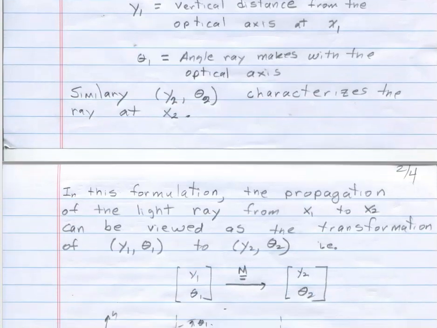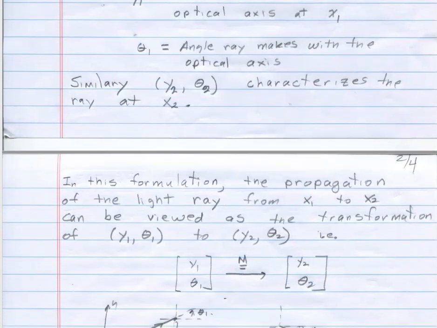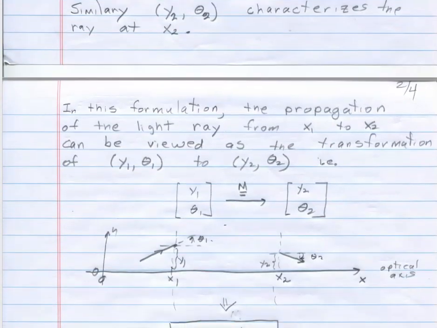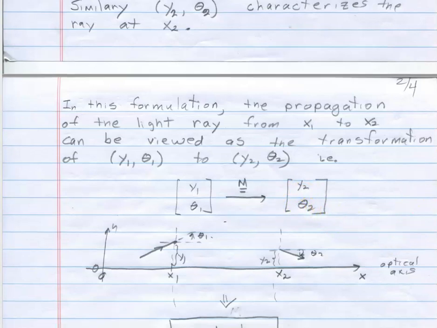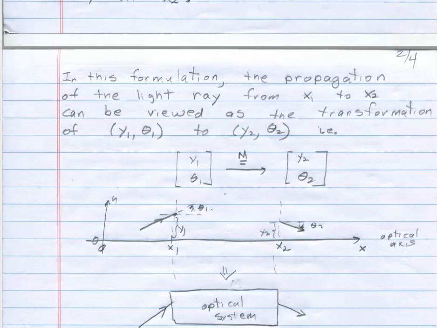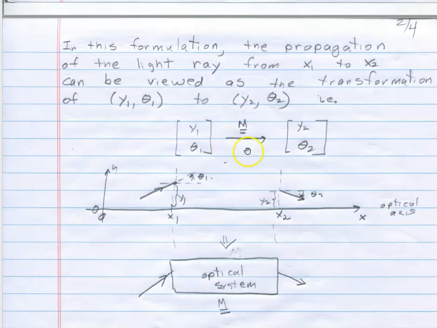In this formulation, the propagation of light from x1 to x2 can be viewed as the transformation of the pair y1, theta 1 to y2, theta 2. Or in terms of column matrices, we've got the column matrix y1, theta 1 transformed by a linear transformation matrix M into y2, theta 2. If you know the form of this matrix, you don't really have to know what's causing it.